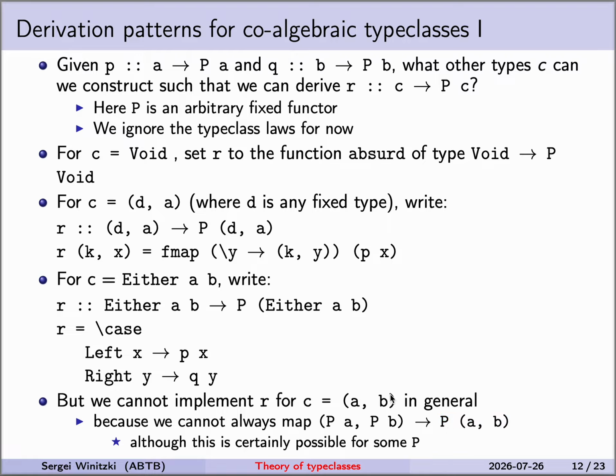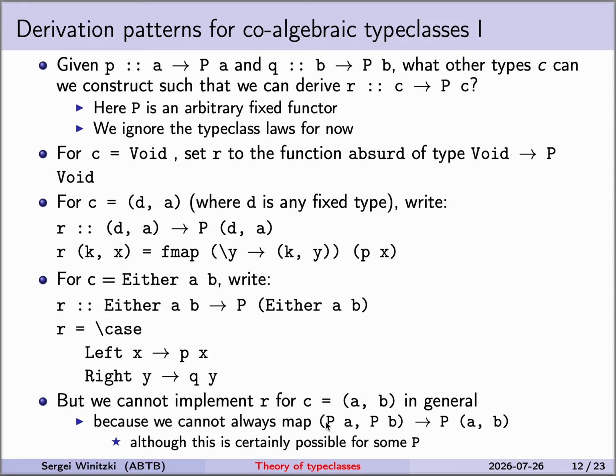So the same kind of pattern that we had before, where we combine two instances into another one, doesn't work, because you have to ignore one of them. So in other words, you have to use this pattern where one part of the pair is using the type class methods and the other isn't. So it's not symmetric like it was in the algebraic case.